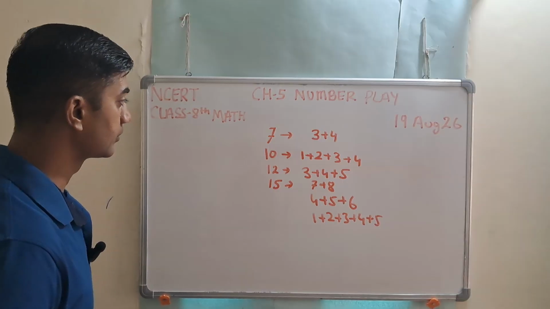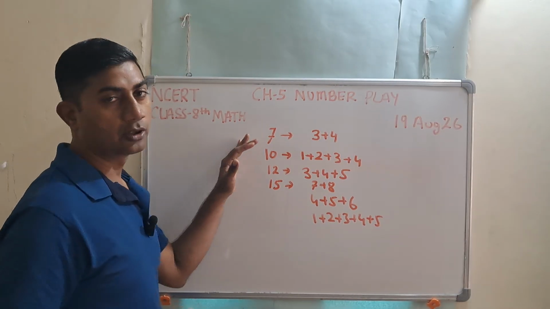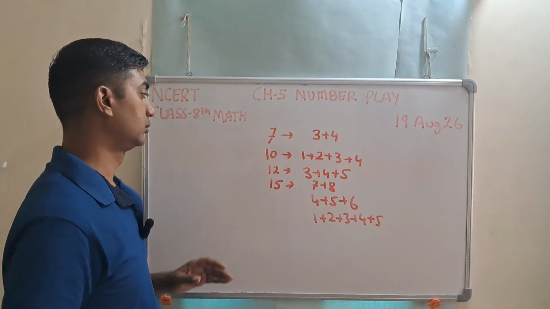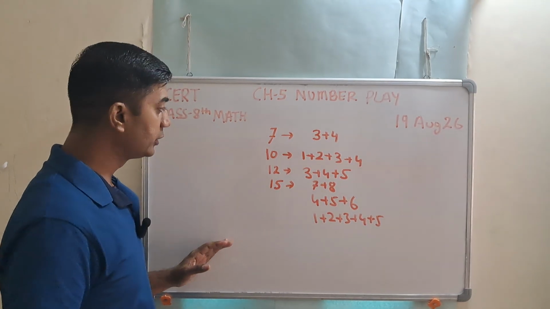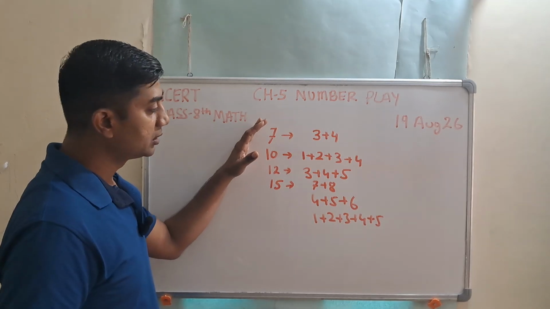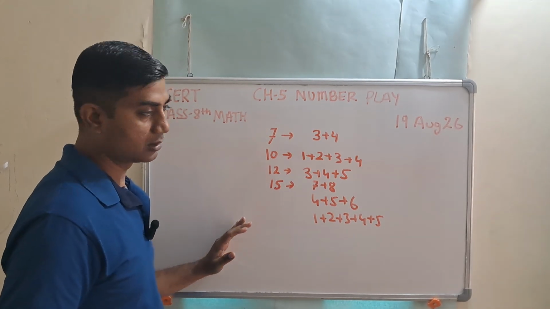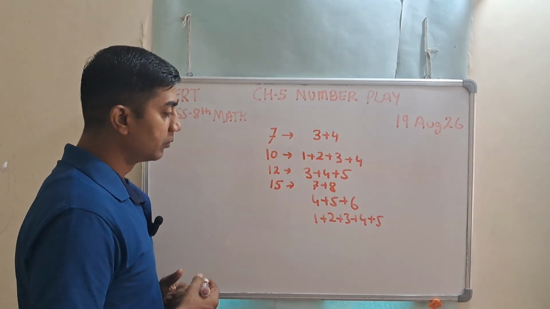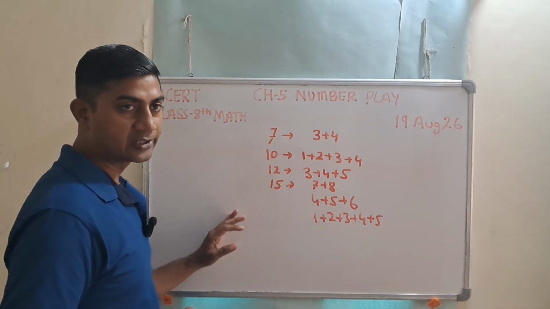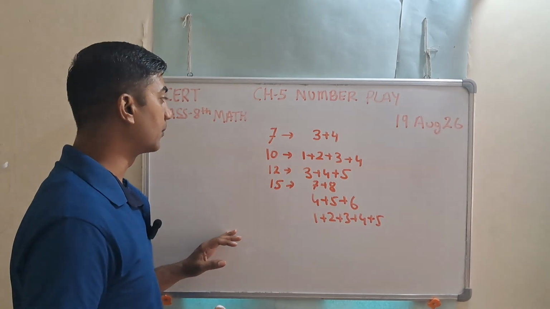Now see, this is already given in your chapter, which I have copied here. What I want to explain to you is that I want you to pass through this journey. At the end of our discussion of this topic, we'll come to a conclusion.